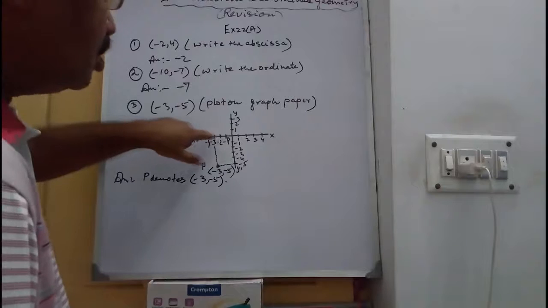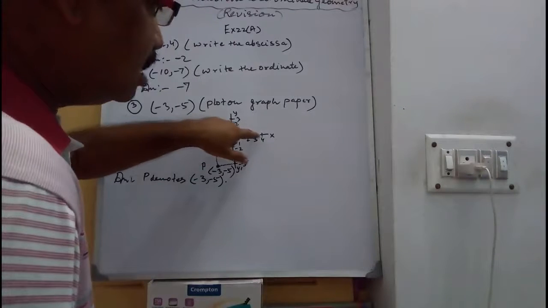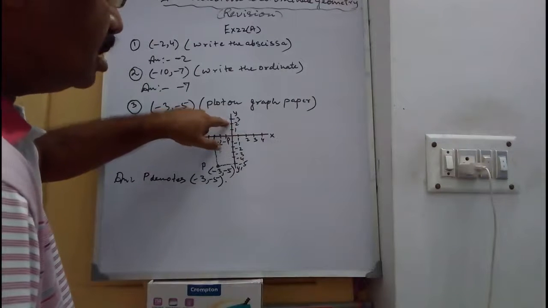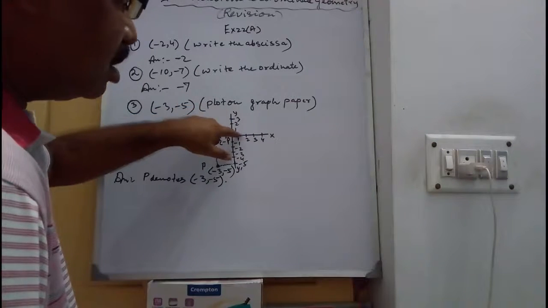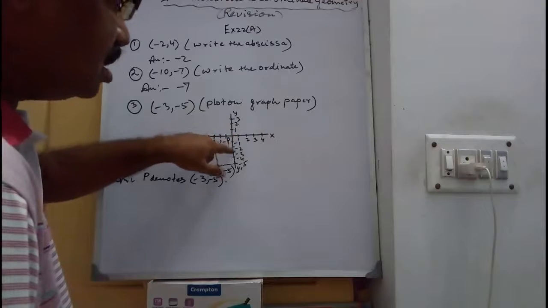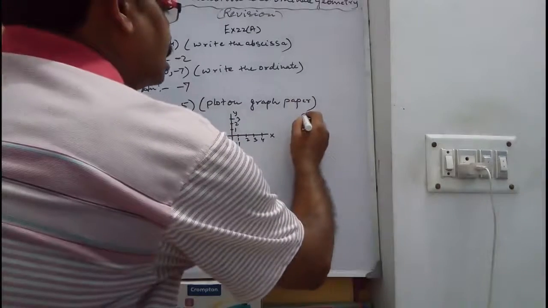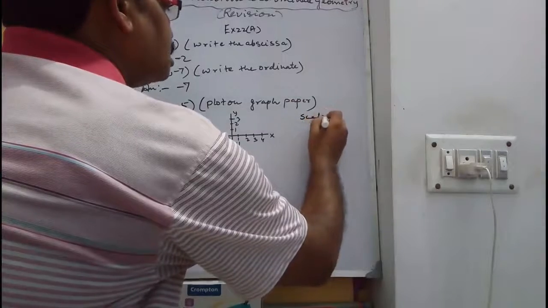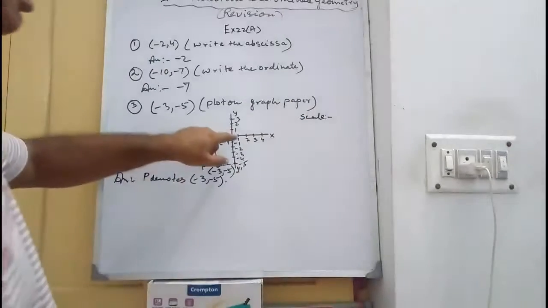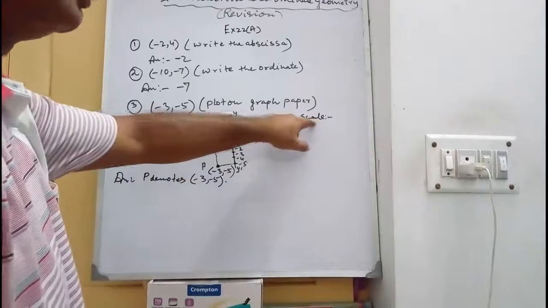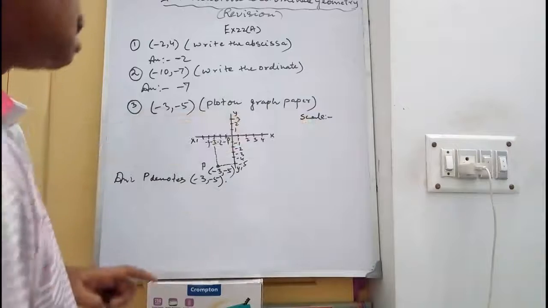When you take these points, use a scale to write the values. Show that all must be at equal distances. Here you write the scale. Whatever you take on x-axis or y-axis, mention it on that place.